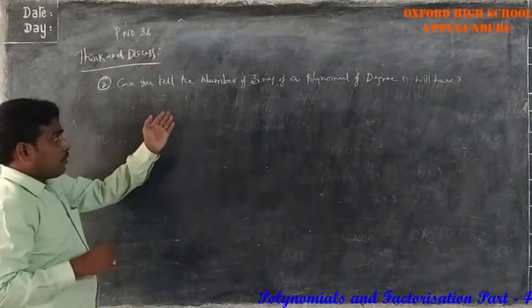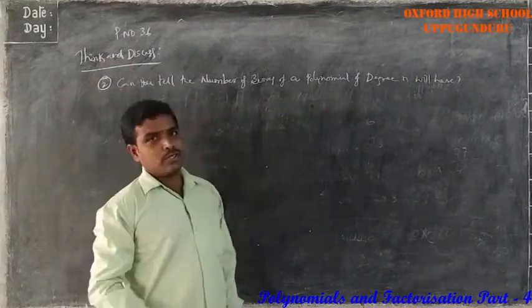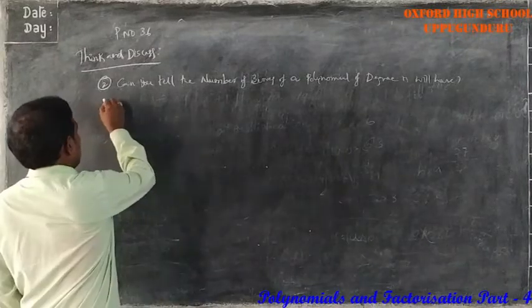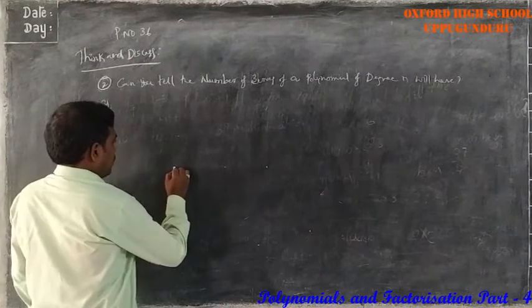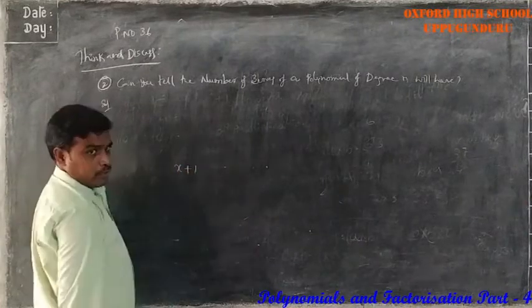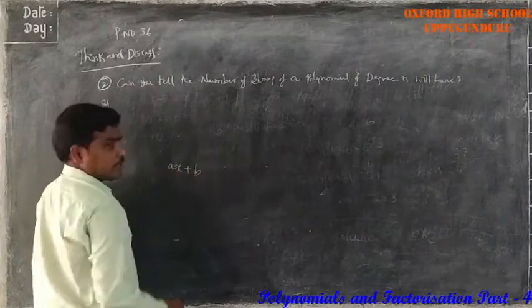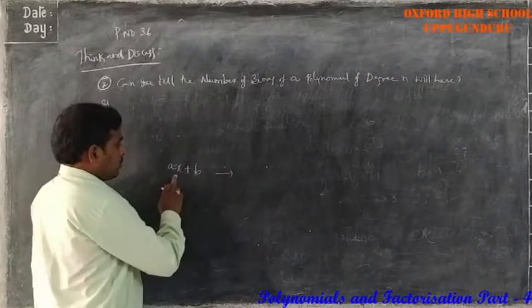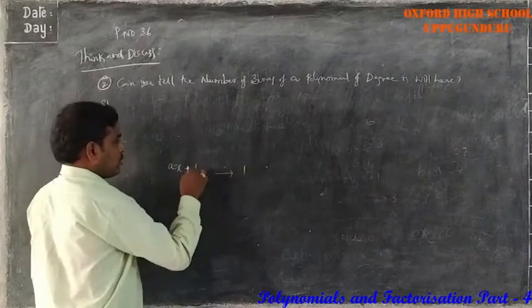Can you say a polynomial having n degree has how many zeros? In general, take a linear polynomial ax plus b, the general form of a linear polynomial. For this, how many zeros do we have? Here x equal to minus b by a is the zero. So you will get one zero.